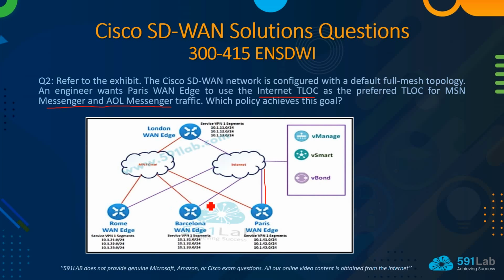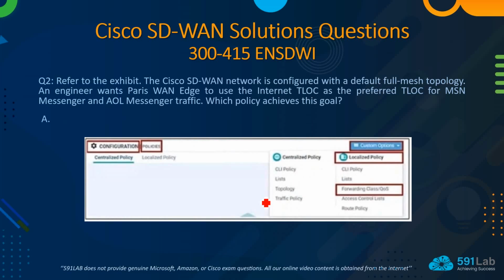Okay, so it's not specifically on Paris only, it's specific for all the vEdges that use Paris for a specific application, which is MSN Messenger and AOL Messenger, to use this link. Okay, so now it should be a centralized policy, not a local policy.